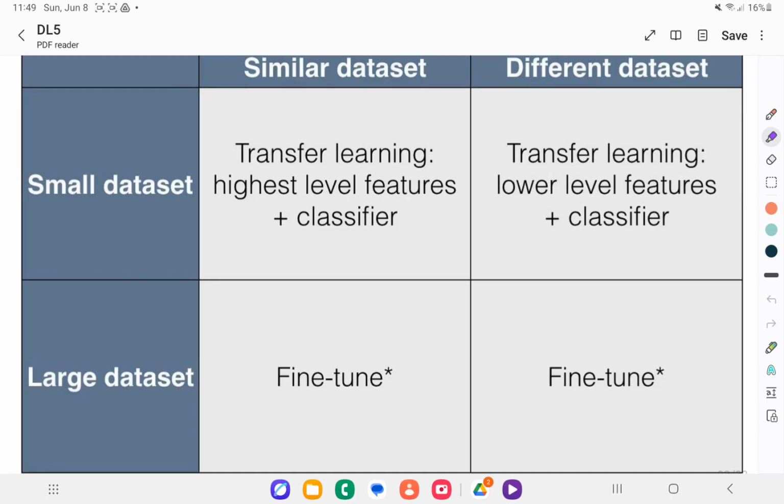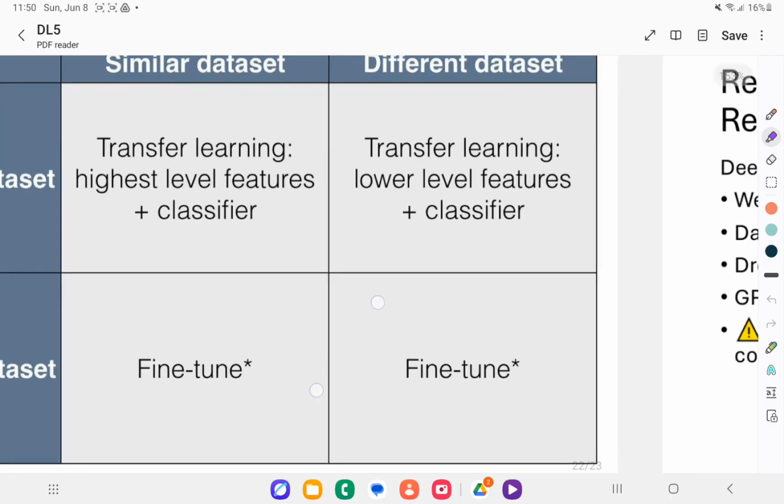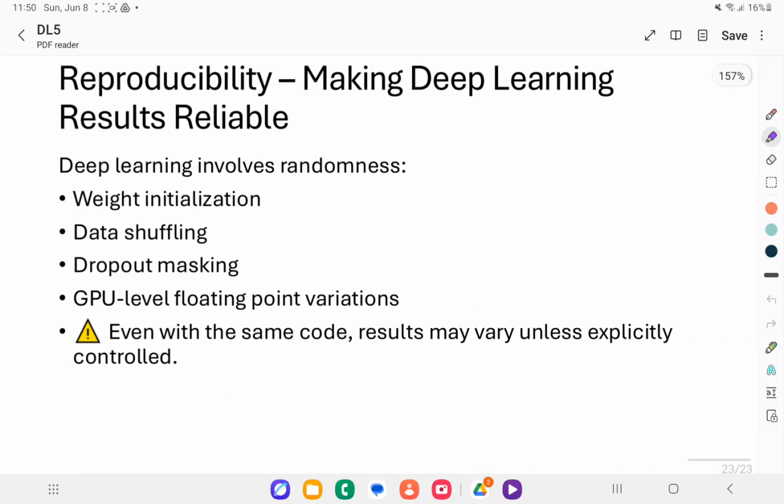If you have a large destination data, then you can fine-tune it for better results. Now, if the destination and source tasks are completely different, then if the new data is small, again, you could just go for transfer learning. But if you have enough data, it's better to fine-tune your model.